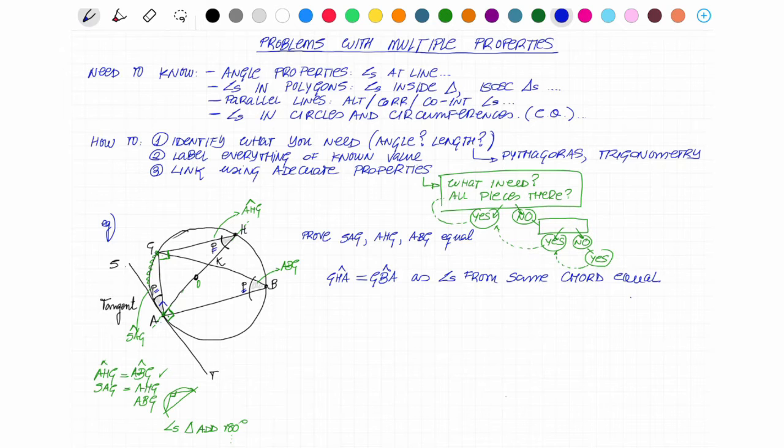Then I can begin working to prove that any of these two is equal to the third one. So I'm going to use here the angle HAT that we said was 90 degrees. And that is because the angle between the tangent and the radius equals 90 degrees.